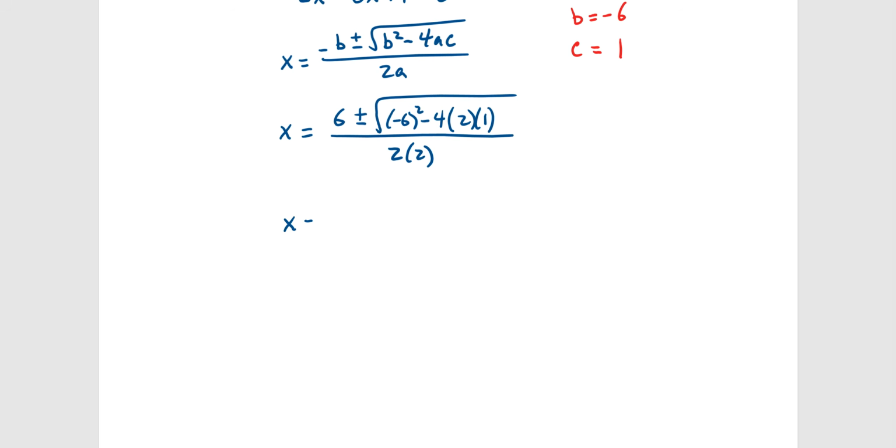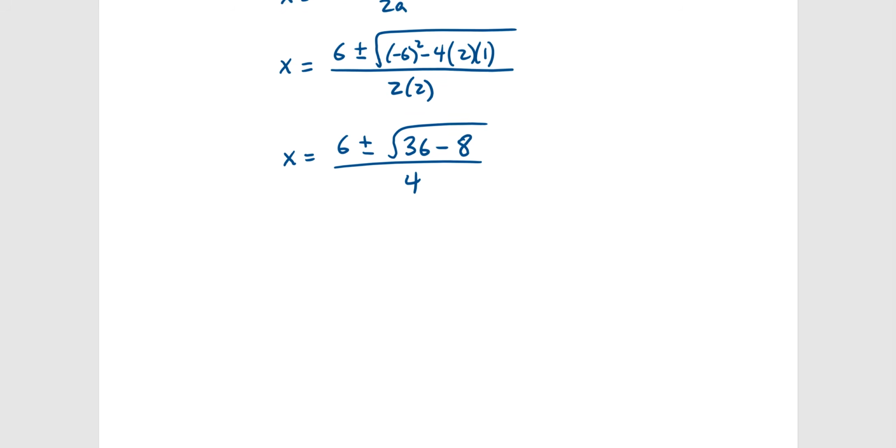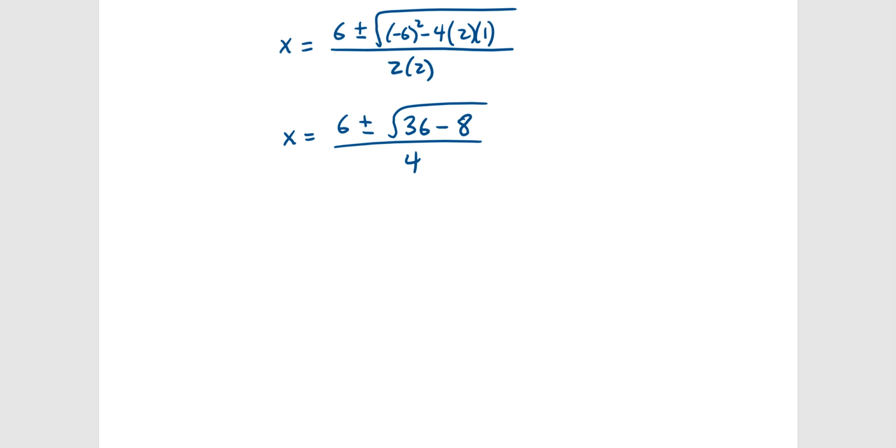And simplifying this a little bit, we get 6 plus or minus the square root of 36 minus 8 over 4. Okay, so always keep in mind that the b squared term is going to be positive. And now we can simplify underneath that square root a little bit more. So we get 6 plus or minus 36 minus 8, we get 28 divided by 4.